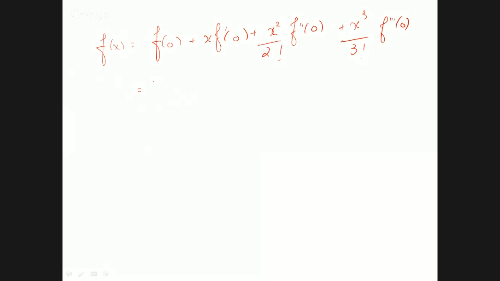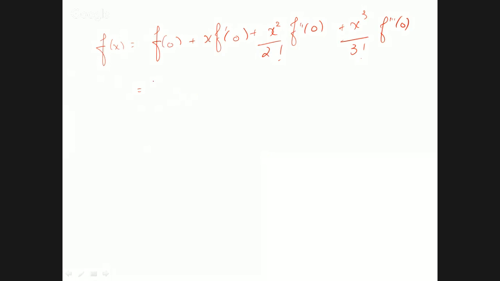So if you have found f of x and you have substituted x equal to 0, then you would have got some value. Similarly, find f dash of x and substitute 0, then you would have got some value. Substitute it here and you will get the final value. This is what Taylor's theorem is all about.